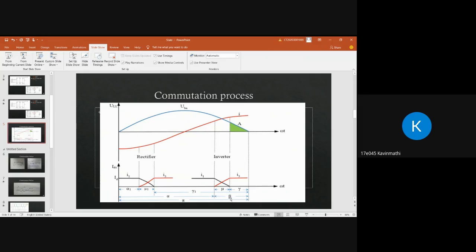Let's see from this equation, the beta is the sum of mu plus gamma. This gamma is for the complete switch on time for thyristor 3. This gamma should always be greater than or equal to 15 degrees. If this is less than 15 degrees, then commutation failure occurs here, and I will say why that happens.